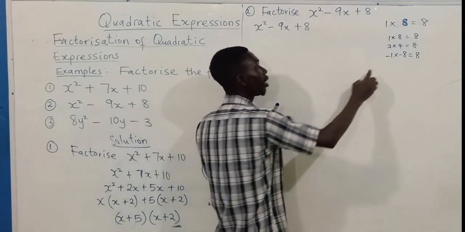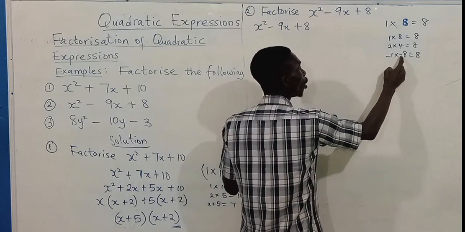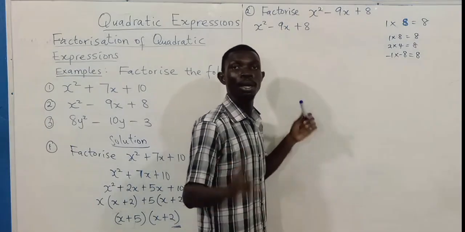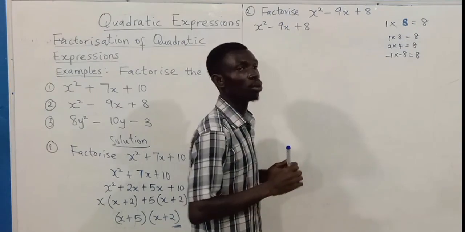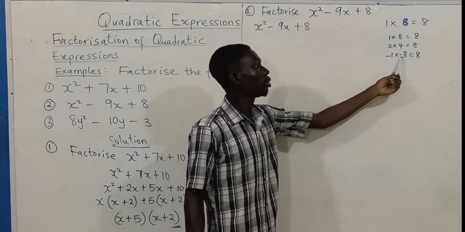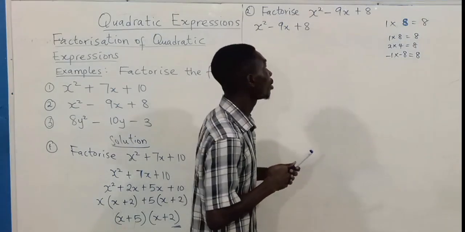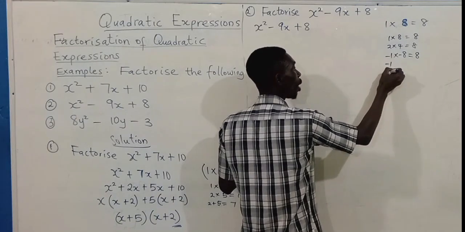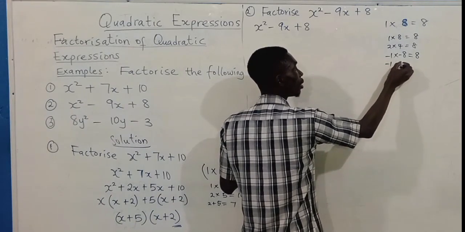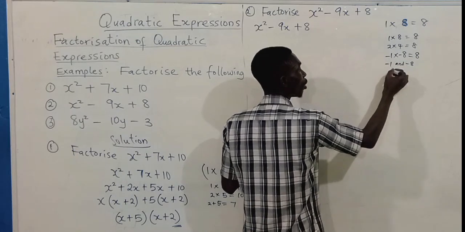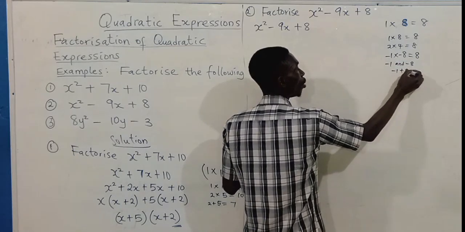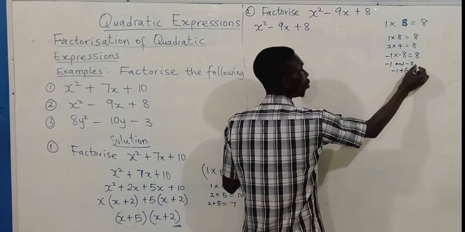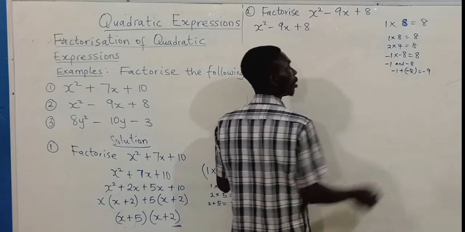But let me see if I add them up. Minus 1 plus minus 8 will give me minus 9. Oh, so this becomes the required factors. So we have the required factors to be minus 1 and minus 8, because minus 1 plus minus 8 will give me minus 9.